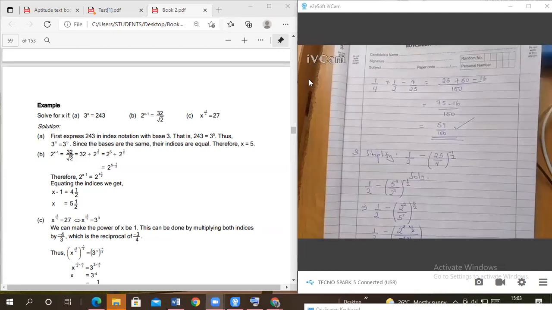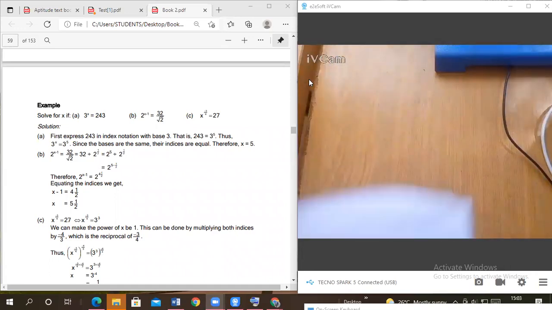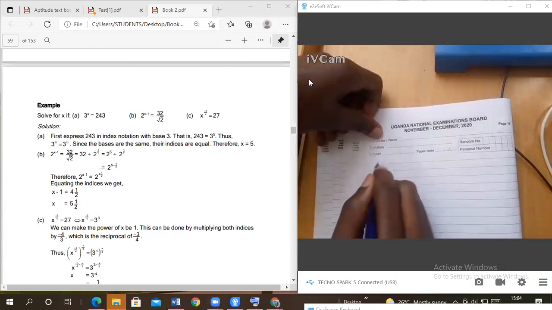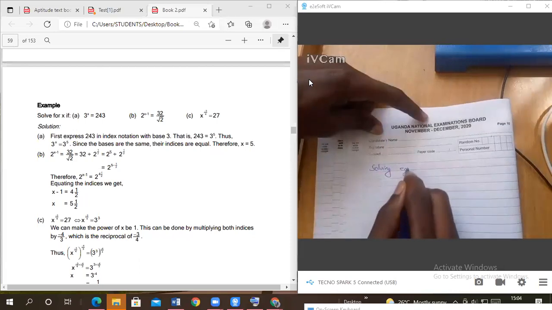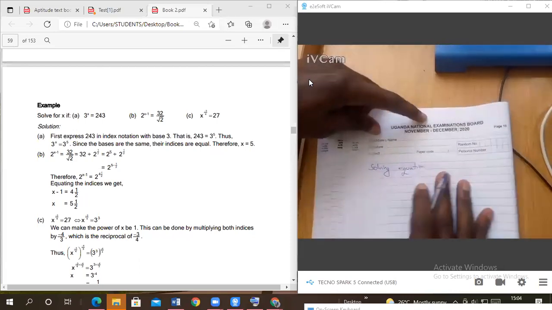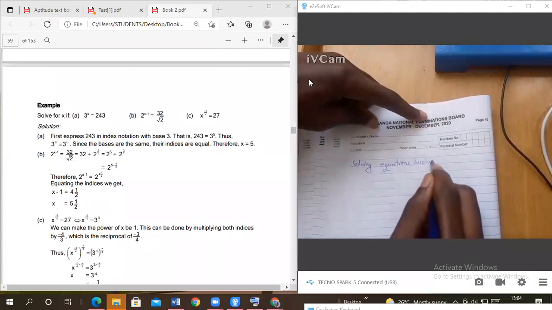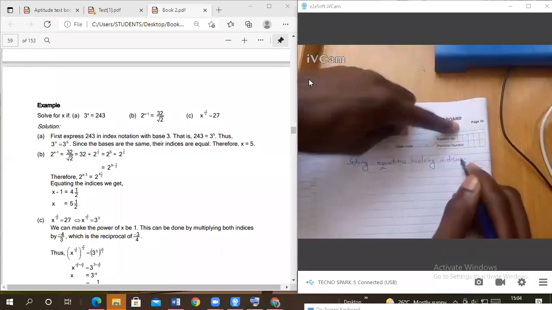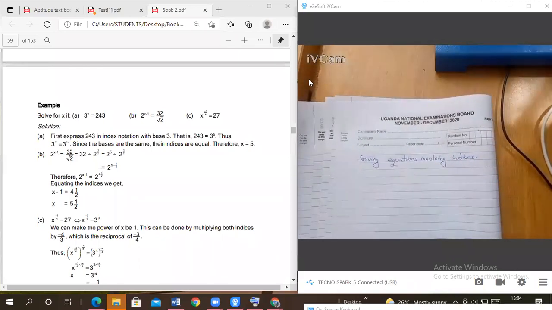Yes. All right. Now, let's look at solving equations, subheading: solving equations involving indices. Solving equations involving what? Indices. Are you together?